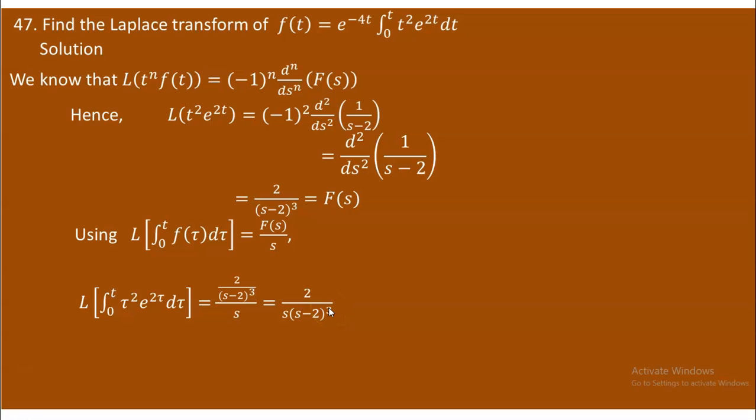But my new students, we didn't finish yet, because once you obtain this Laplace transform, you now need to find the Laplace transform of e to the power of minus 4t times this expression.